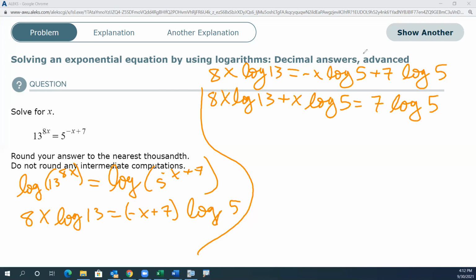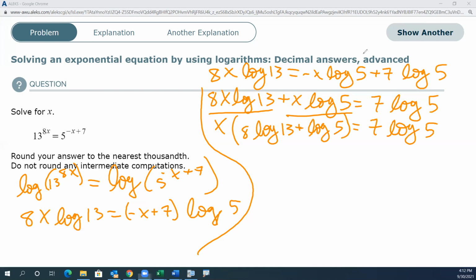Well, I think intuitively it makes sense to get them on the same side if we want to only end up with one x, but now what? Well, I'm glad you asked. Here's what. Think of the f word. We're going to factor an x out of both of these terms, and we're left with x times 8 log 13 plus log 5 equals 7 log 5.